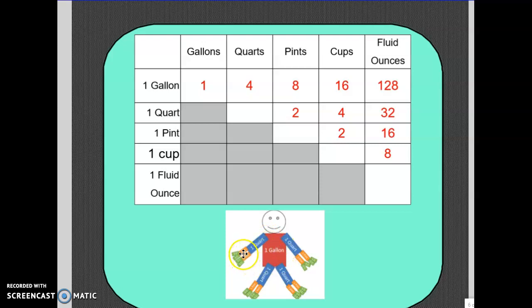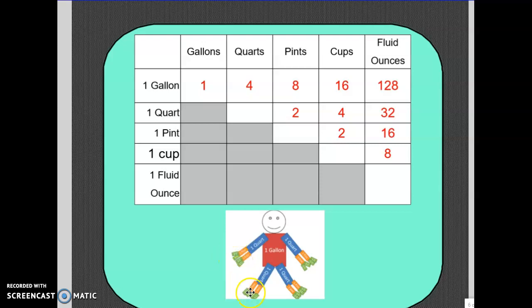But you notice that 2 of these pints is the same thing as 1 quart. So if it takes 4 quarts to make a gallon, then it's going to take 8 pints to make a gallon. Then we switch to cups. Remember I just showed you a cup, that glass container I had, that's 1 cup. It would take 16 of those. That's going to be the green.